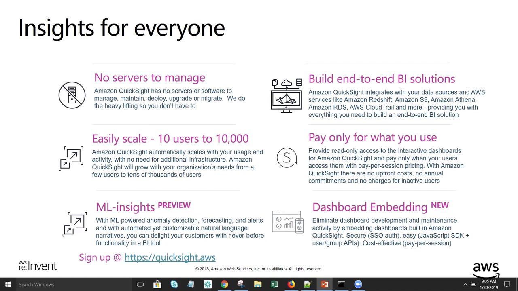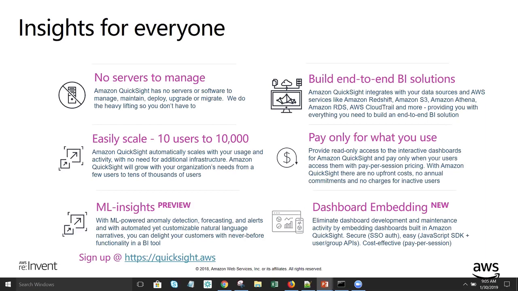I know a lot of you are existing customers, so you had adopted us for some of these very aspects. But the two features that we launched at re:Invent last year were ML Insights and Dashboard Embedding. So I wanted to take a moment to remind you to sign up for the ML Insights preview if you haven't already. Just go to the QuickSight homepage, quicksight.aws, and you'll find a banner right there where you can sign up for it.